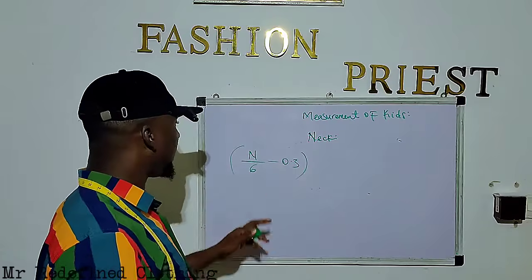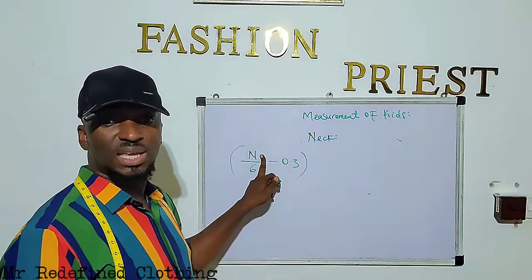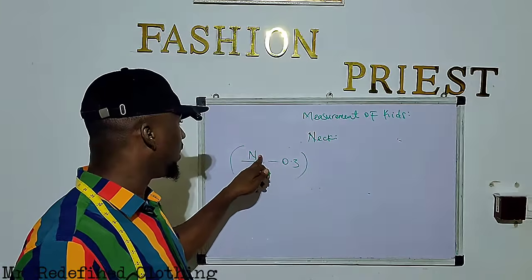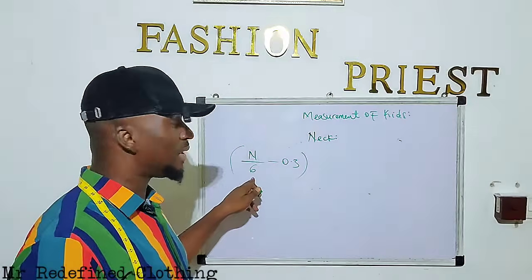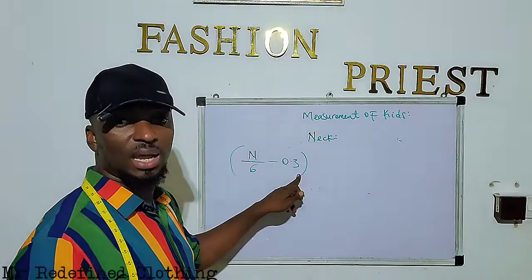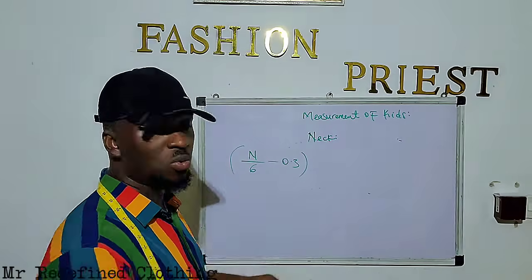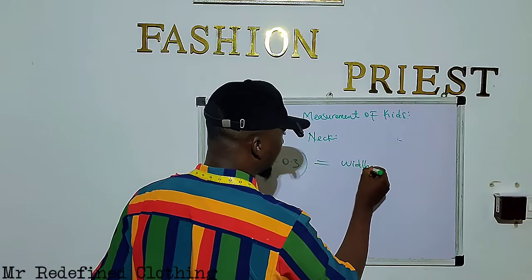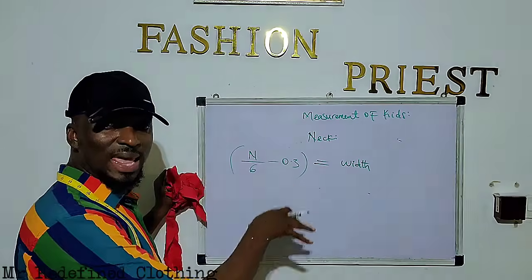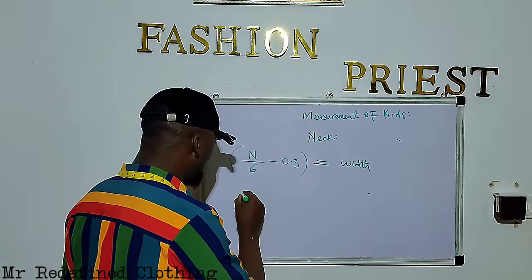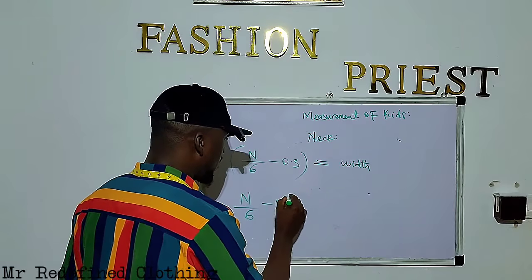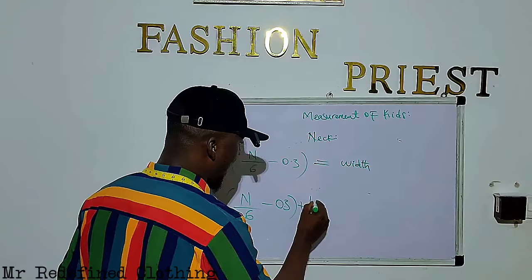Now, this n here is a variable, which signifies that whatever you have as your neck measurement should be divided by 6, and you subtract 0.3 from it to get the value for the width of the neck, right? Now, to get the depth of their neck, you still do n over 6 minus 0.3 plus half.